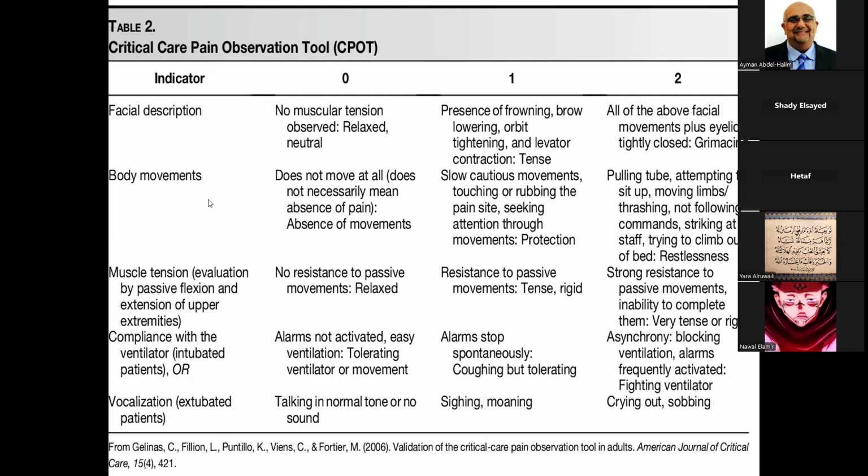We see here the facial description, body movements, muscle tension, compliance with the ventilator, which is not in other scales, and then vocalization in extubated patients. So this is the method of choice for assessing pain in critical care patients.